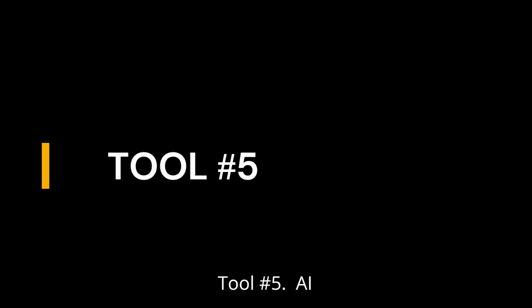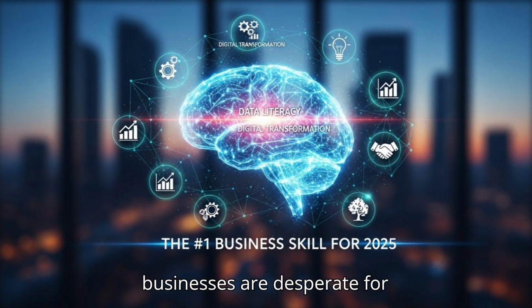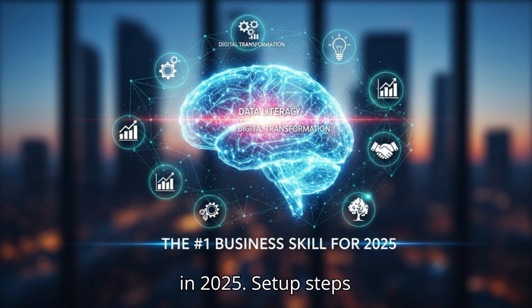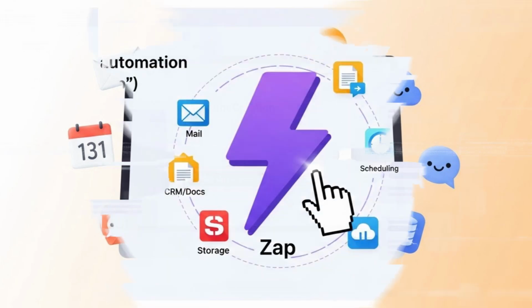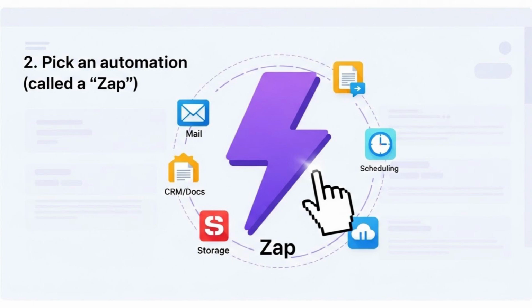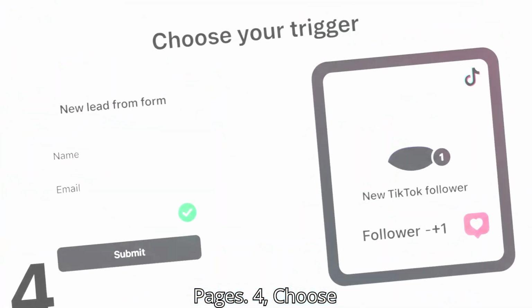Tool number 5. AI automations. The skill that businesses are desperate for in 2025. Setup steps. 1. Go to Zapier.com and sign up for free. 2. Pick an automation called a Zap. 3. Connect your apps: Gmail, Google Sheets, Notion, and Meta Pages. 4.